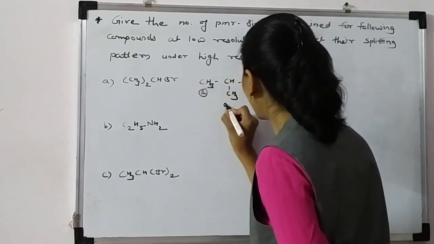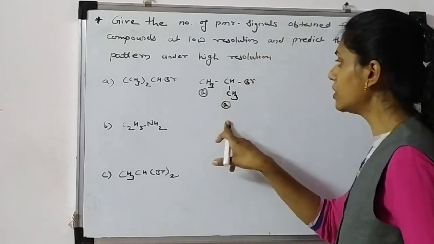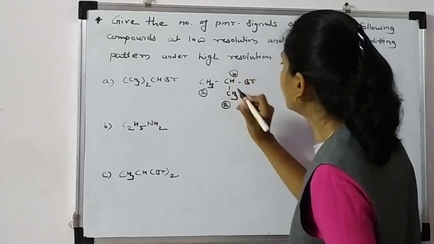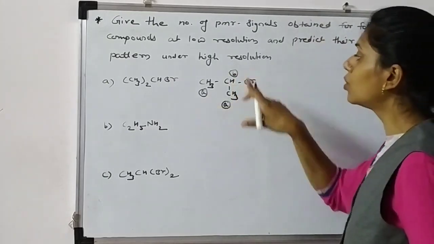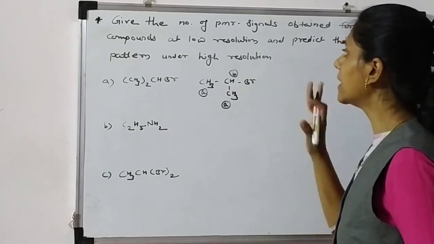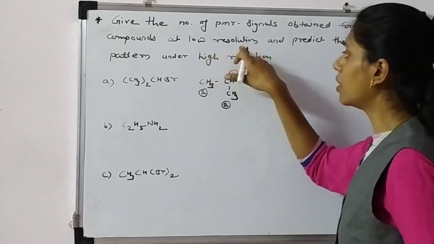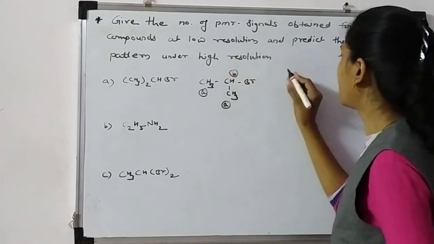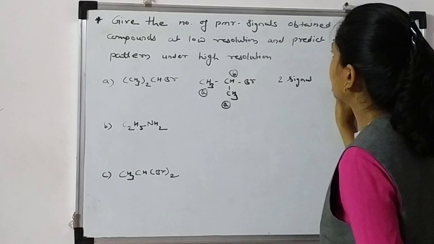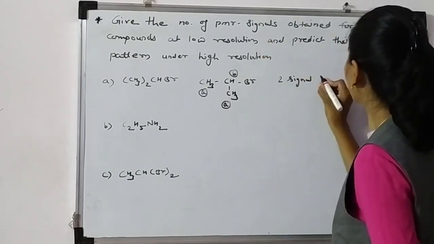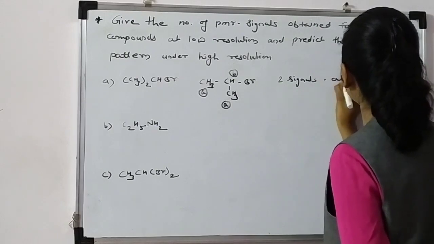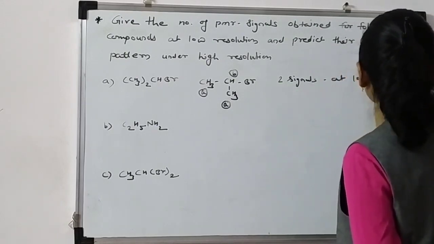I write AA for this set of equivalent protons, and the methyne proton is different from the methyl protons. So two sets of equivalent protons, that means two PMR signals at low resolution.